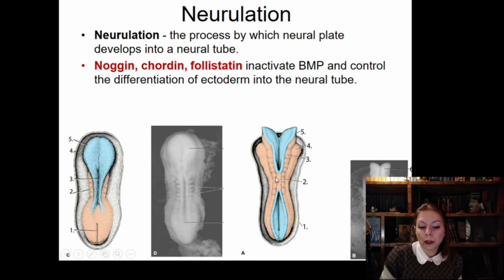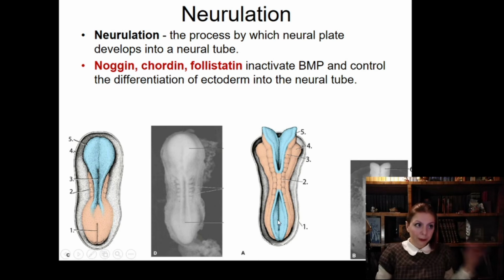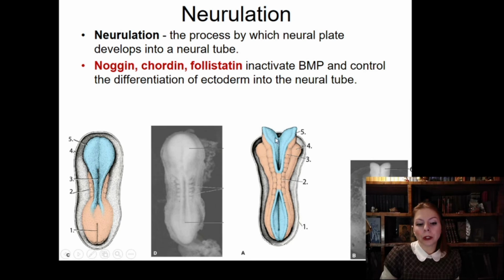Closure of the neural tube starts from the cephalic region of the embryo and proceeds forwards and backwards. But before the complete formation of the neural tube, we can find the neuropores. Neuropores are the anterior and caudal posterior openings before the closure.